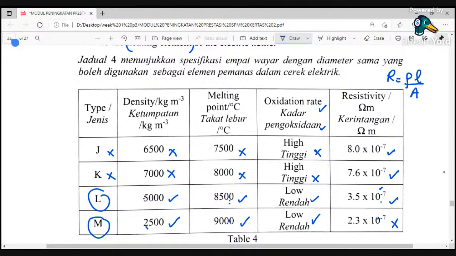Oxidation rate is low. Resistivity has just a slight difference, 3.5 and 2.3. So I think the most suitable is the one which is lighter. So I need to remove this one, and I choose this one.